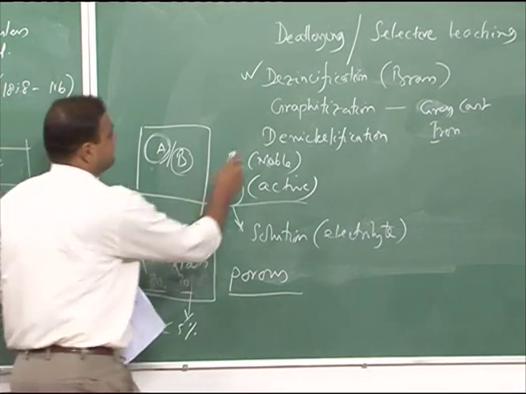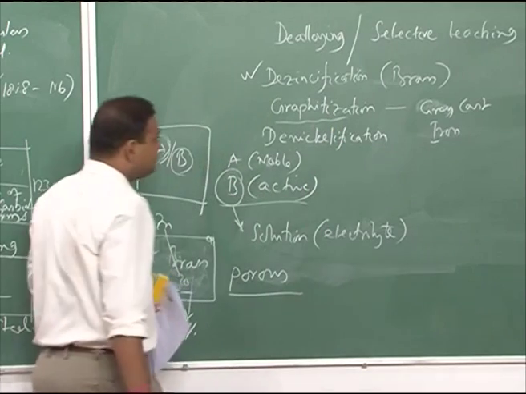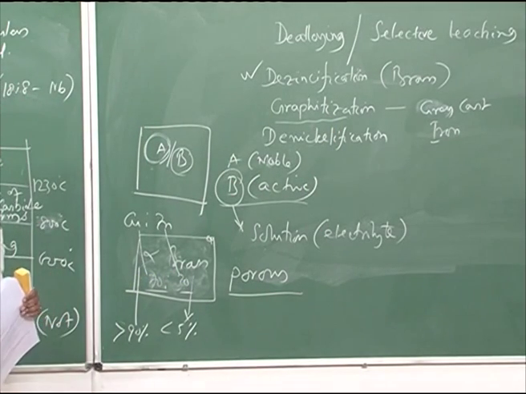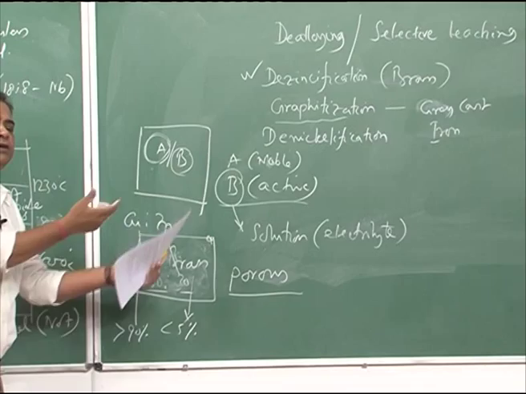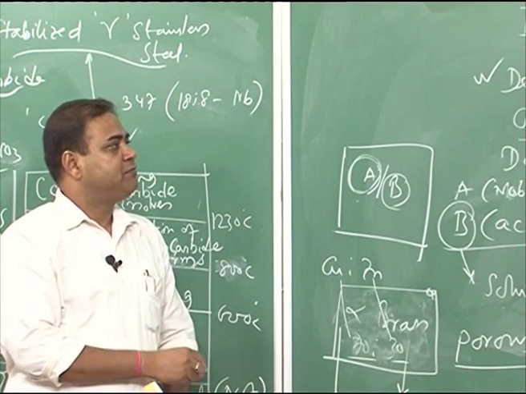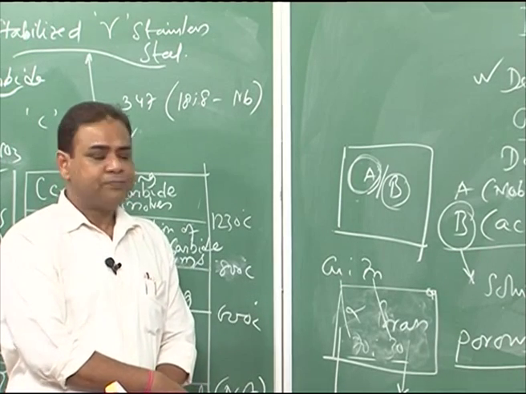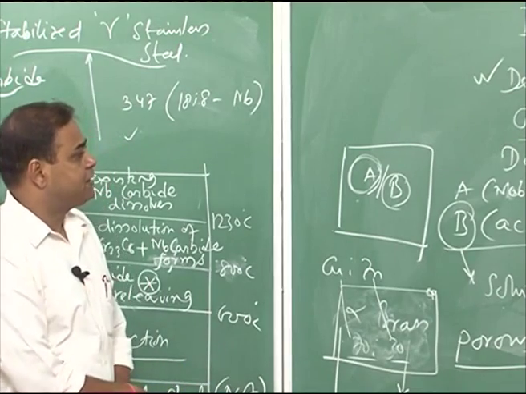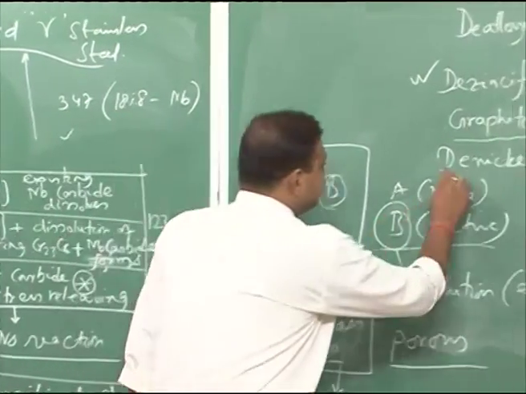So, this is graphitization. This is a sort of misnomer. Graphitization means graphite formation in case of cast iron composition.